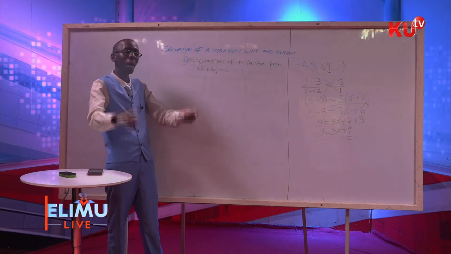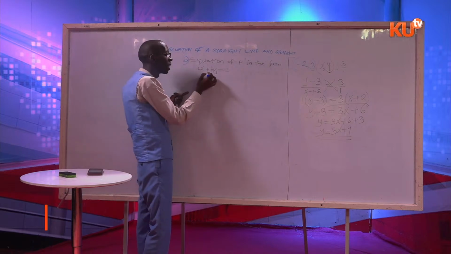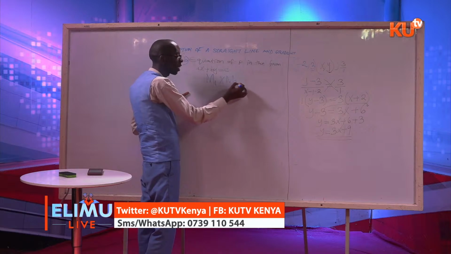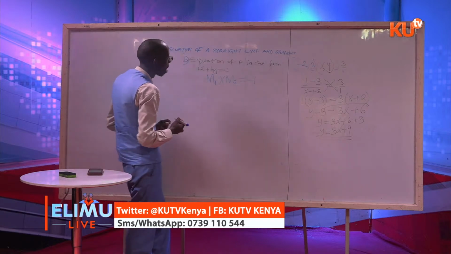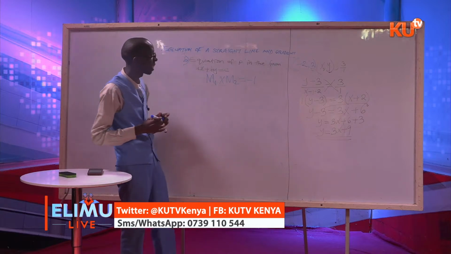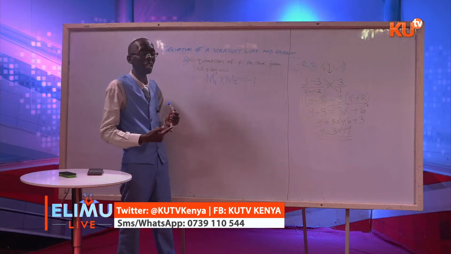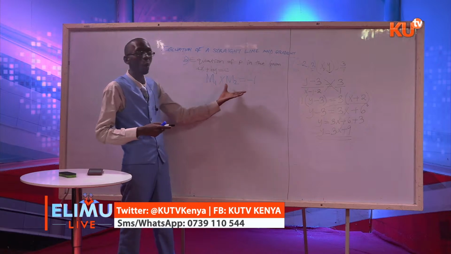Perpendicular. Back to our formulas. For perpendicular lines, the gradient of line 1 multiplied by the gradient of line 2 is equal to -1. There is an easier way of getting the gradient of a line perpendicular to another line, but after using this easier method, you must show your working.